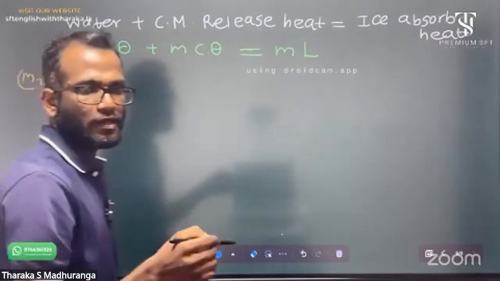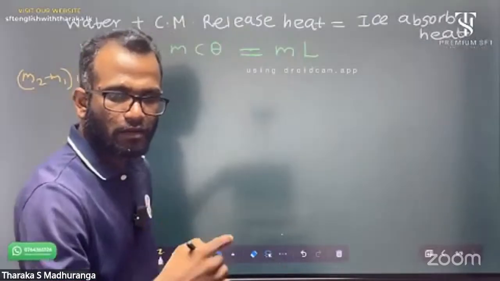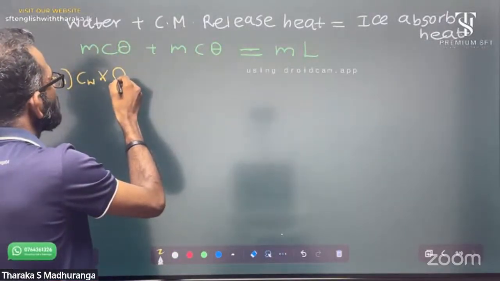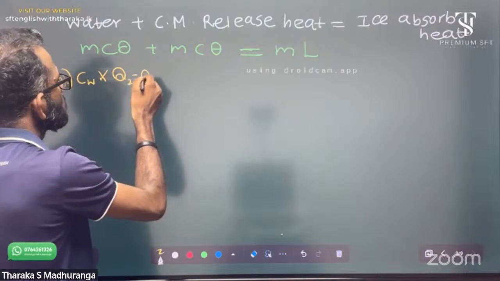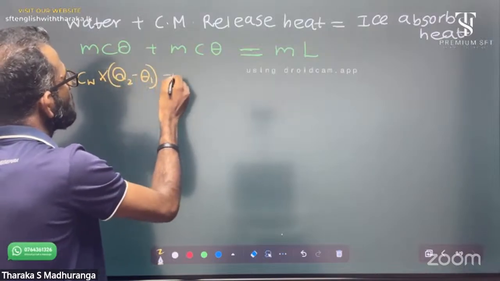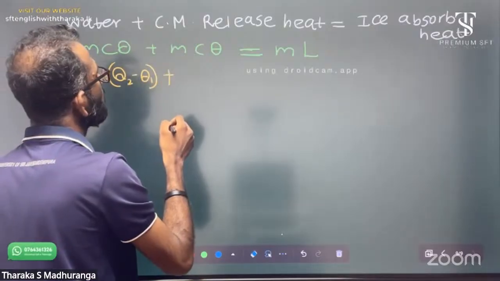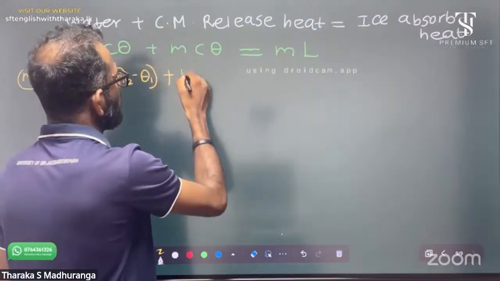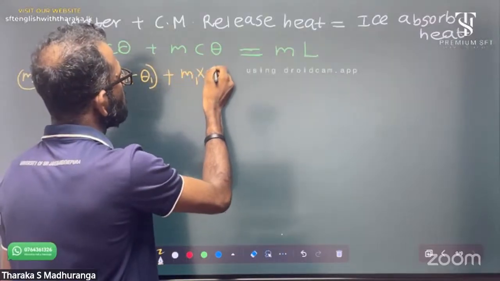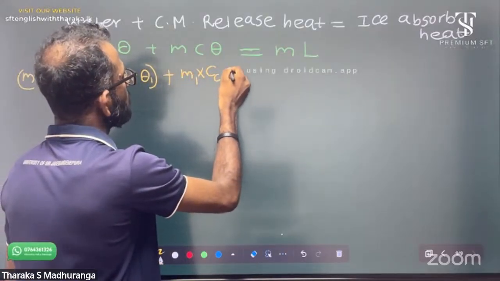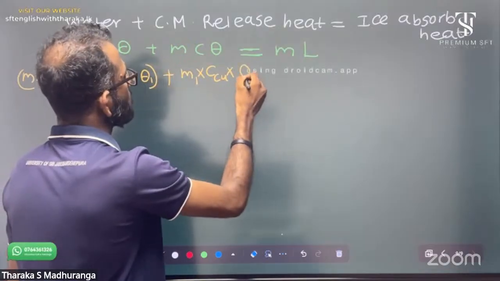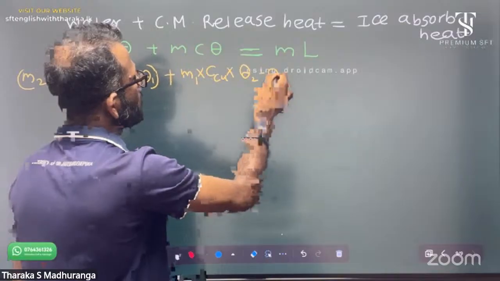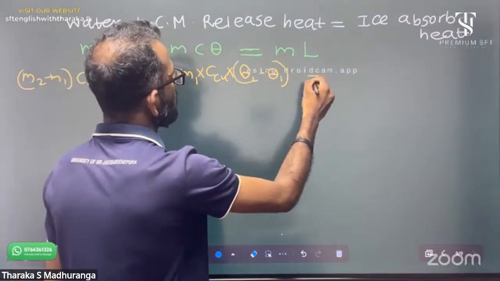Temperature difference, initial theta 1, theta 2 minus theta 1, plus mass of calorimeter, empty calorimeter M1, C copper, temperature difference same as water, theta 2 minus theta 1, equal to mass of ice, M3 minus M2.